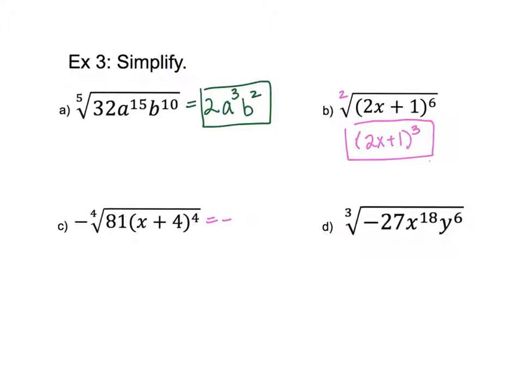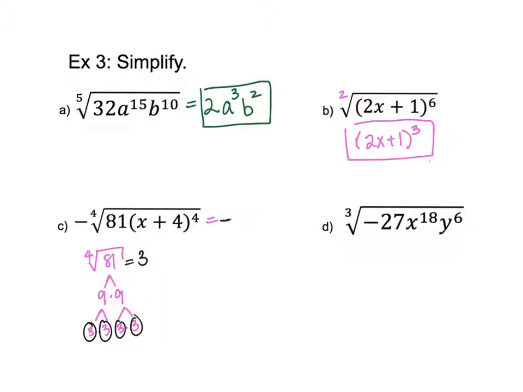So ask yourself, what is the 4th root of 81? Well, I can build a factor tree, make this 9 times 9. 9 can be decomposed as 3 times 3. And so now when I'm looking at this, it looks like I have 4 copies of 3's. So the 4th root of 81 is 3.